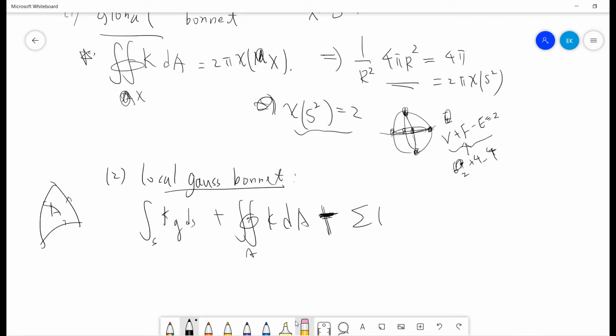The turning angle means suppose someone is walking this way and then changes direction. This is the turning angle. So the total turning angle will be 2 pi. Right, so this is the Gauss Bonnet.